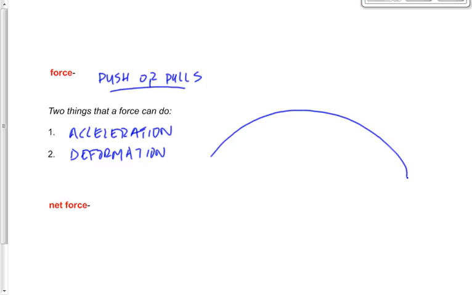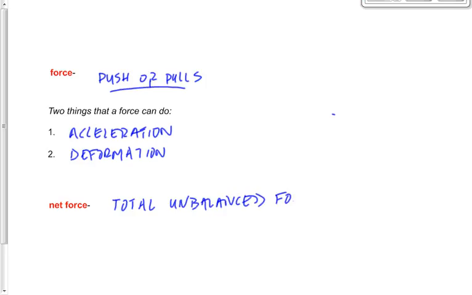Okay. The next term we talked about on Friday was the net force. The net force is the total force, or the unbalanced force acting on an object. If the net force is 0, how can we have a net force of 0?